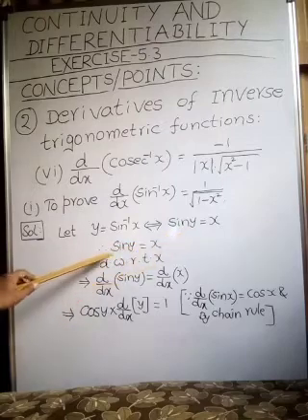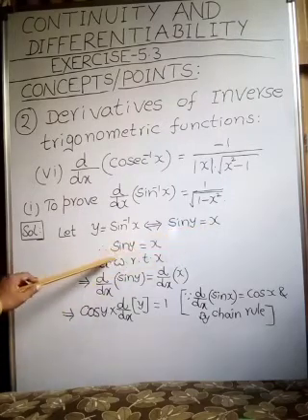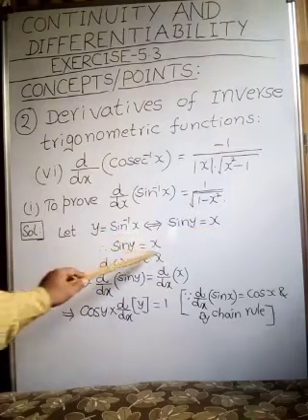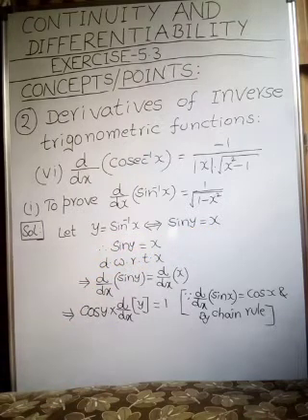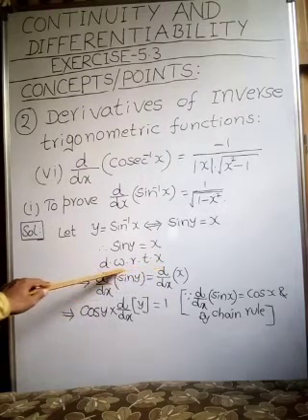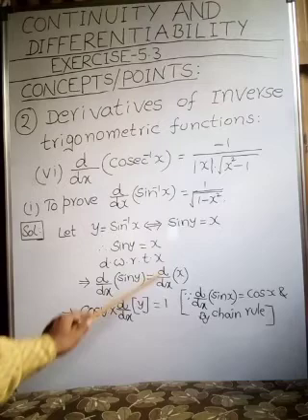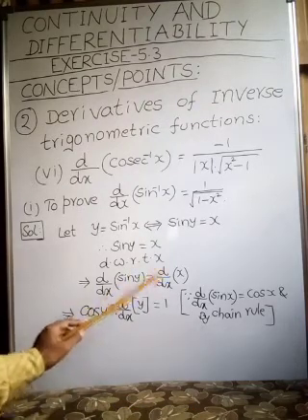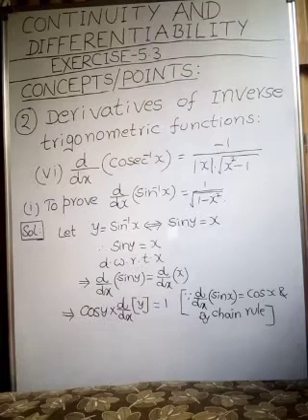Right. So we take this equation, sin y is equal to x. Now differentiating with respect to x. Previously I told you this is a short form of the sentence differentiating with respect to x. Then what is the differential operator? D by dx.